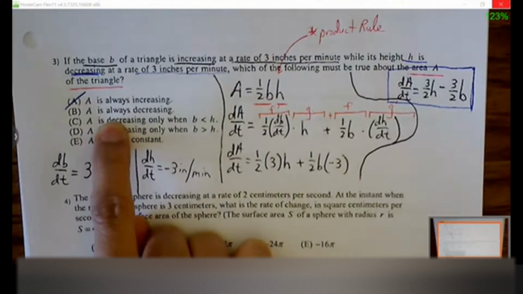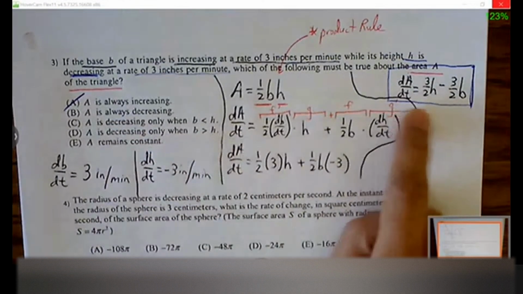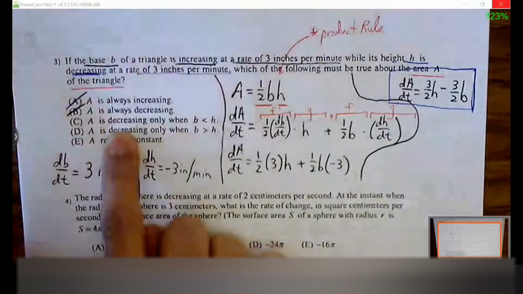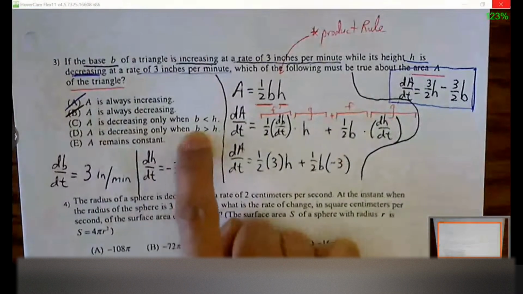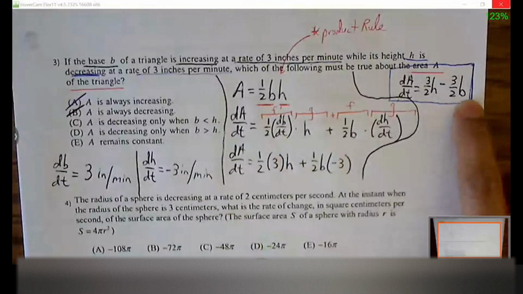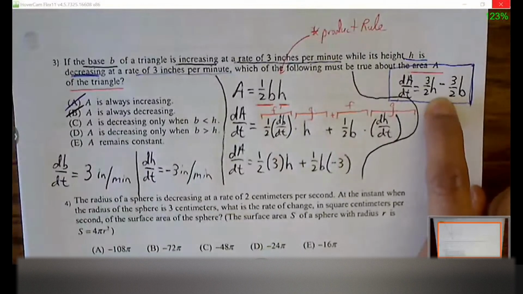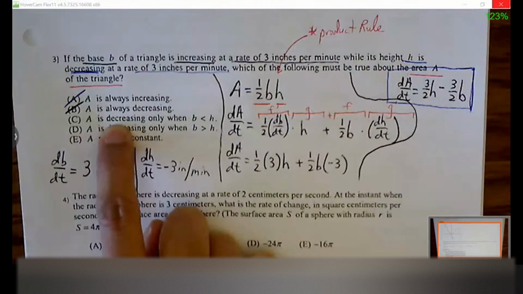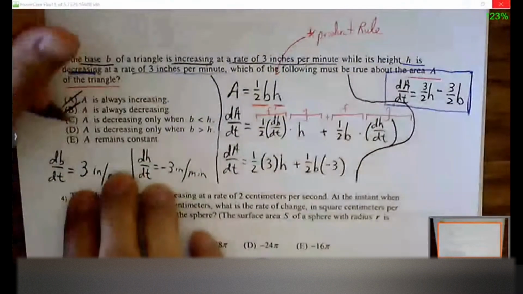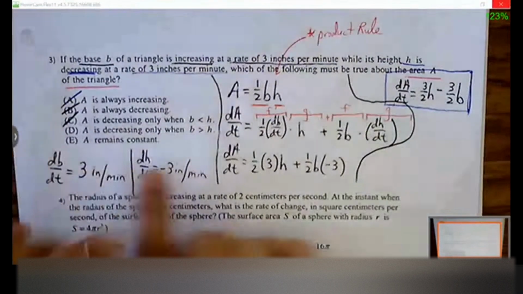A is always decreasing. Not always true either, right? If h is greater, then that scenario's out the window. A is decreasing whenever b is less than h. So when b is less than h, are we going to be able to get a negative dA/dt? No, it's only increasing when b is less than h. Good, so C doesn't quite work. Looks like we're getting closer here.